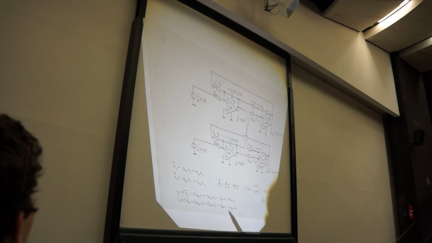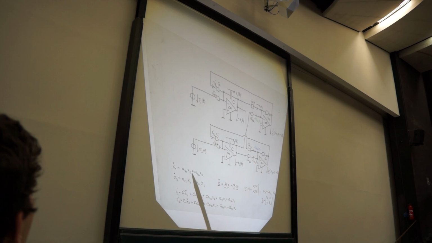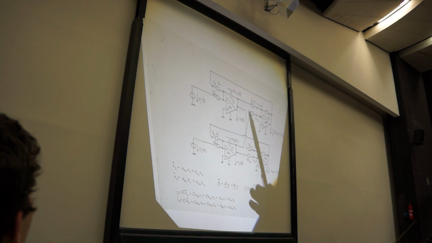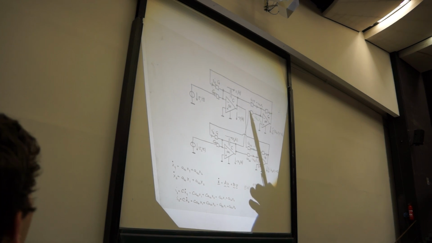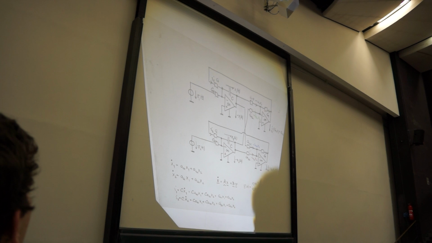Our first step was constructing linear combinations of these two voltages, which we achieved with an inverting summing amplifier. This inverting summing amplifier, and that one, always have two inputs and one output.